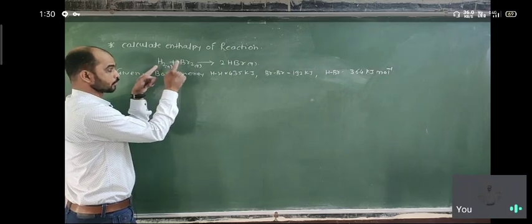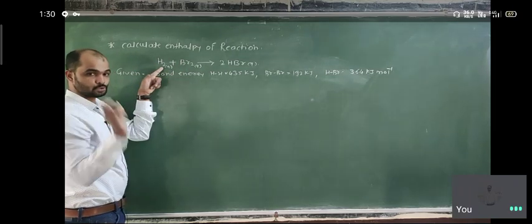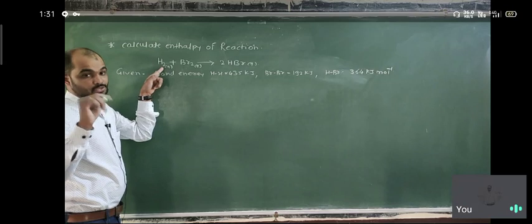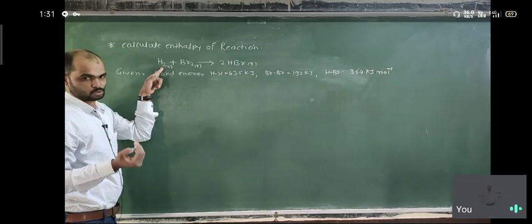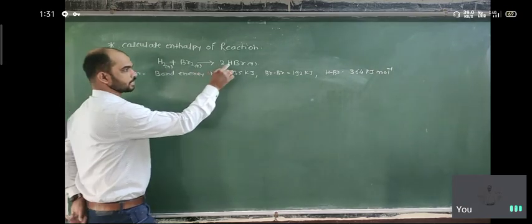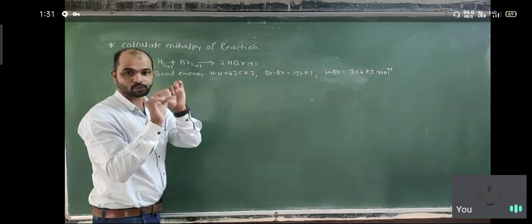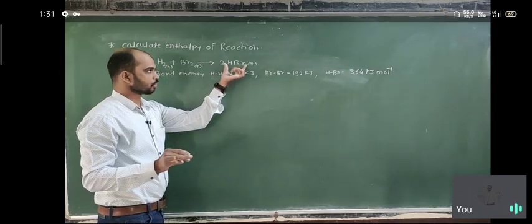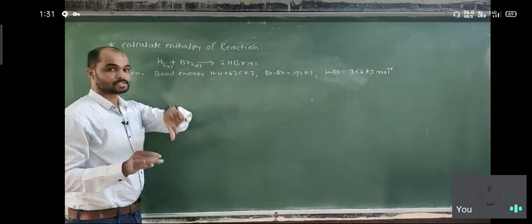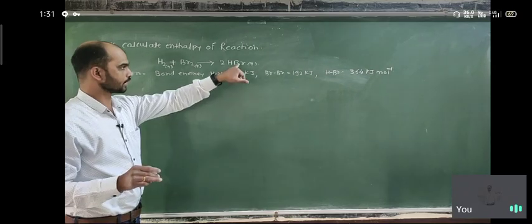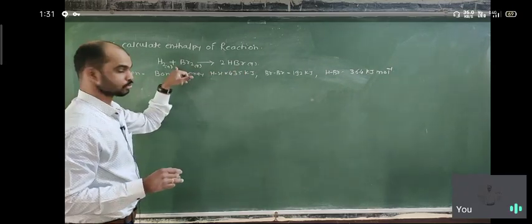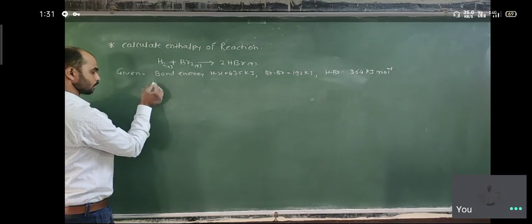You know the bond breaking process requires energy, so energy is absorbed. Then the HBr bond is going to form, which means bond formation happens here, so energy is released. So energy is absorbed and energy is released, and here we can calculate.